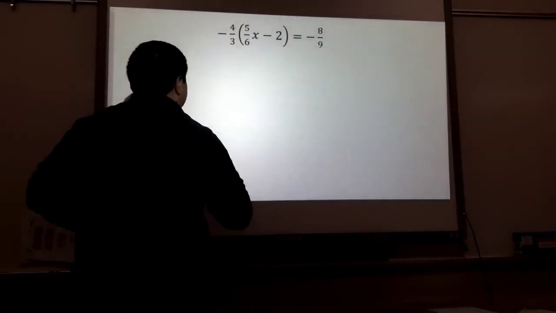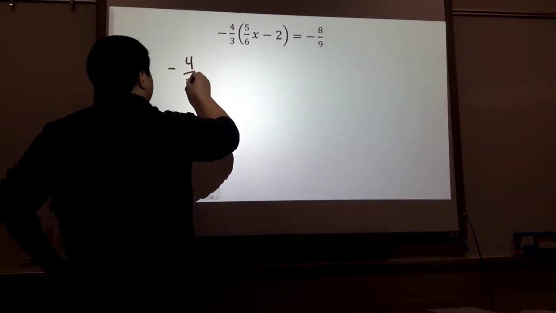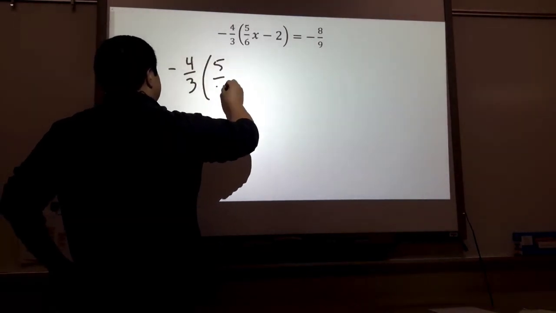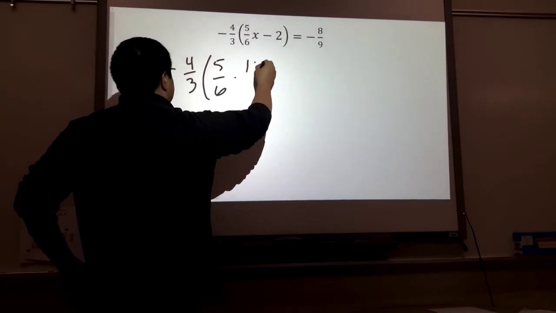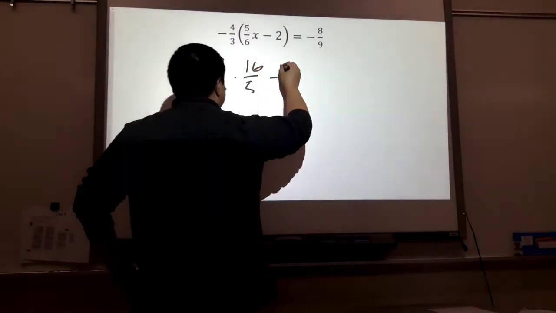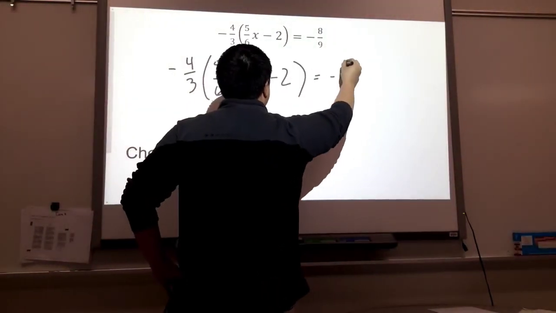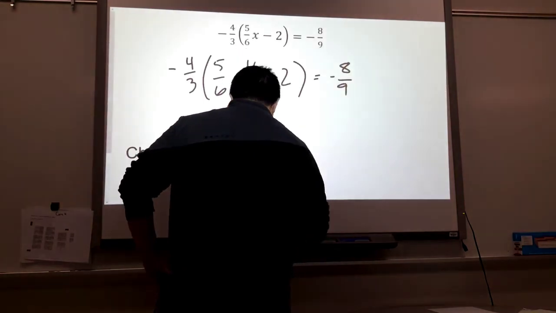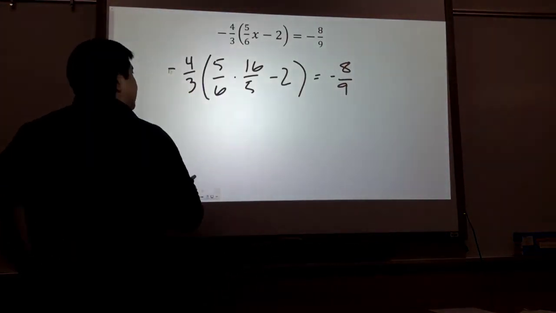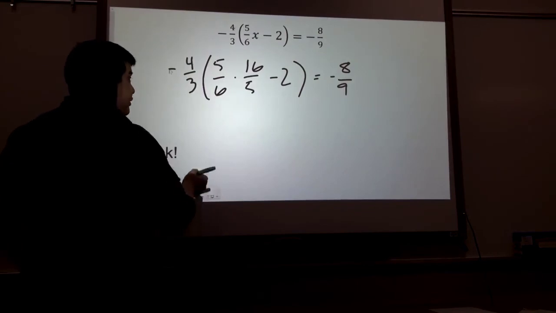16 over 5, let's plug it in and check. Negative 4/3 times 5/6 times 16 over 5 minus 2 will hopefully get us negative 8/9. We're going to do the multiplication inside the parentheses first.